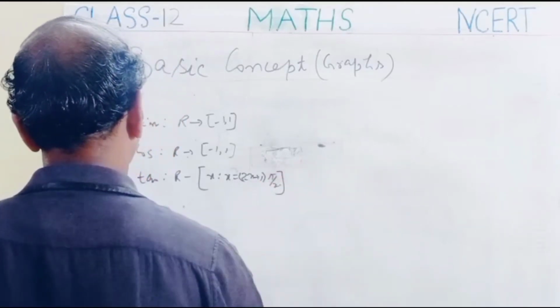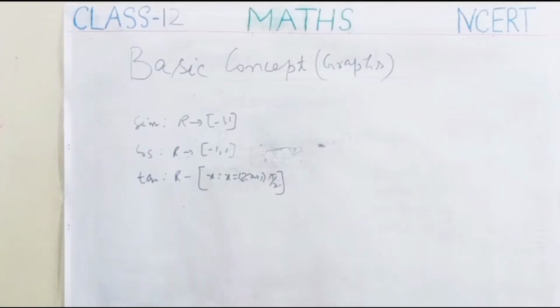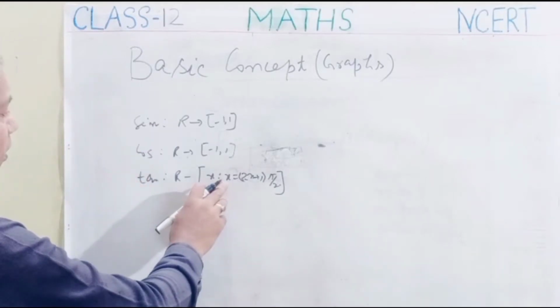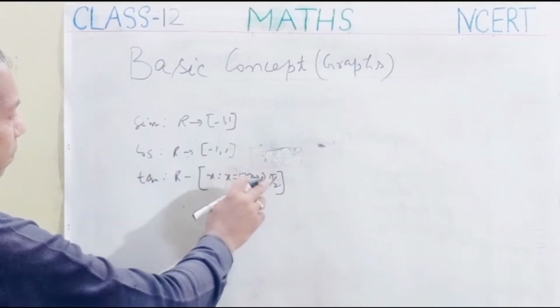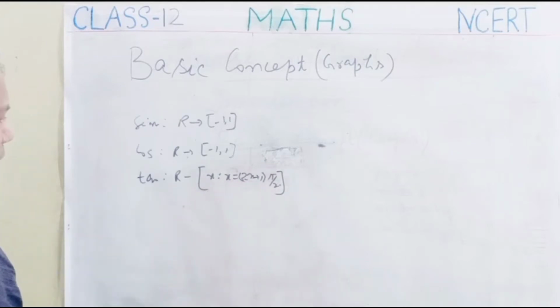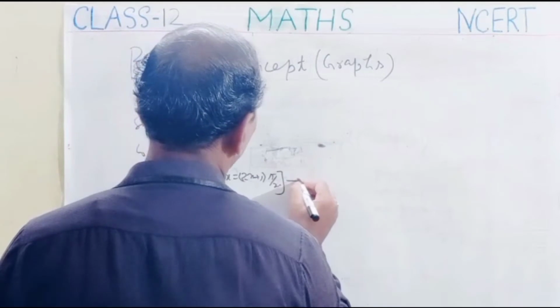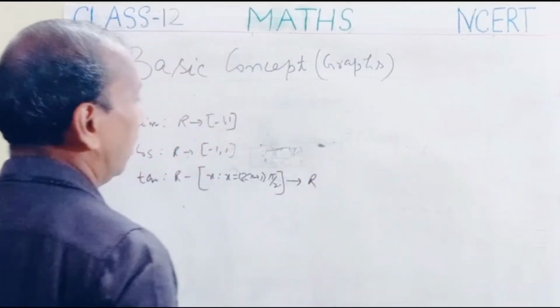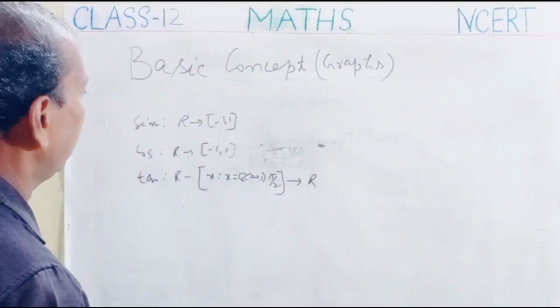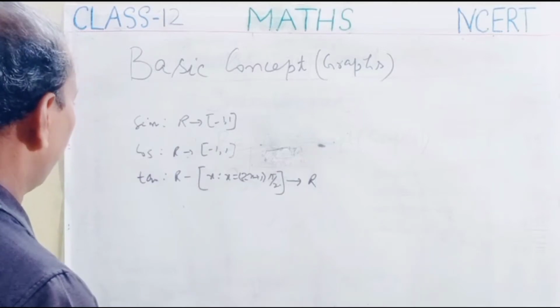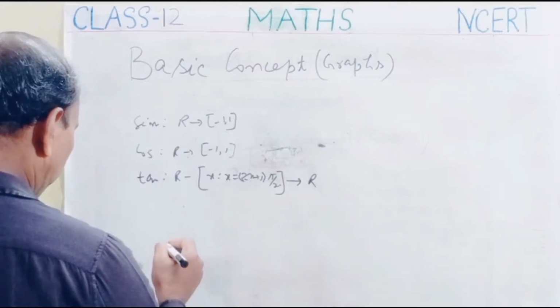So in this case, for the tan function, the odd integral multiples of pi by 2 will not be included, and its values will be in the real numbers. Then come to the cot.